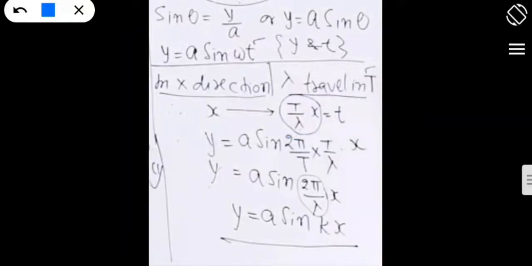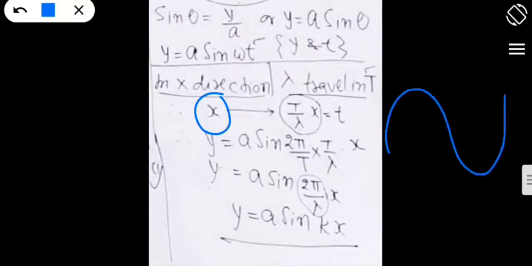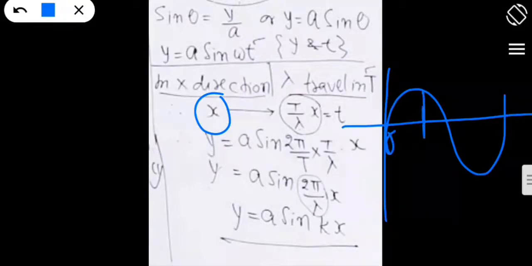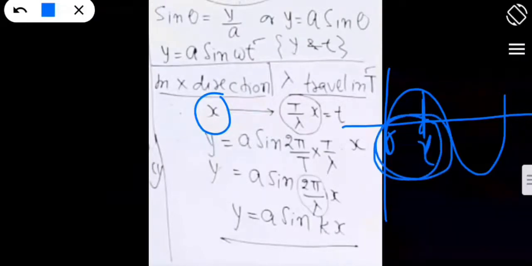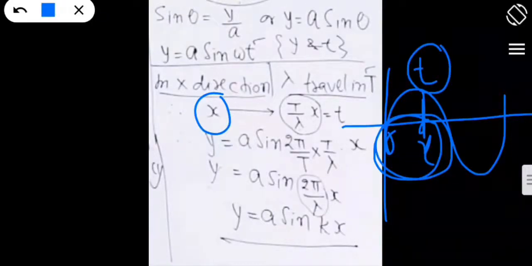So x meters, what is it? Suppose this particle is here, this is the wave, and this is the 0th point, and this point is suppose x. So from here to here only it has traveled, at time small t. So x distance will be covered in t equal to T by lambda multiplied with x.